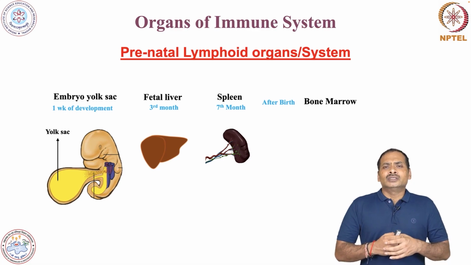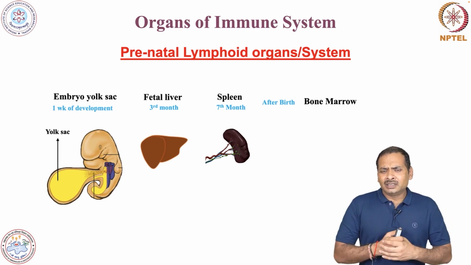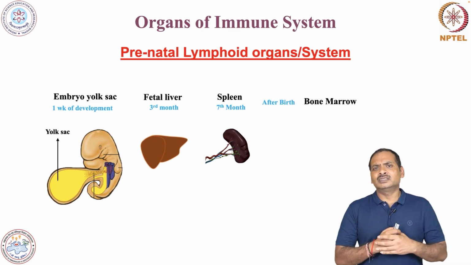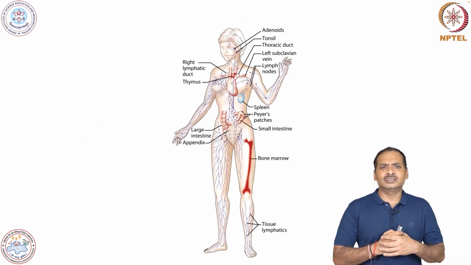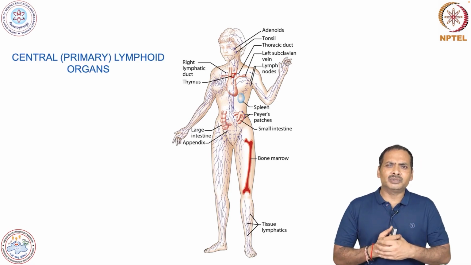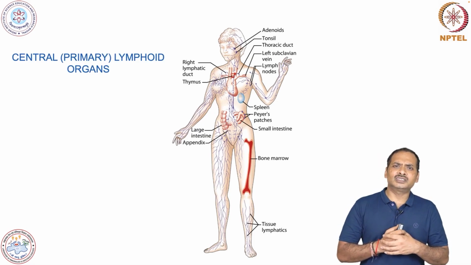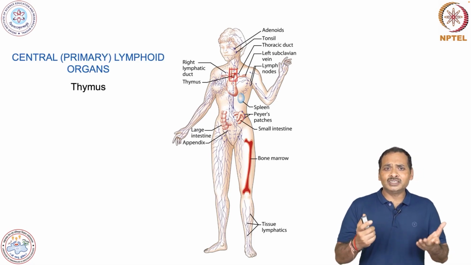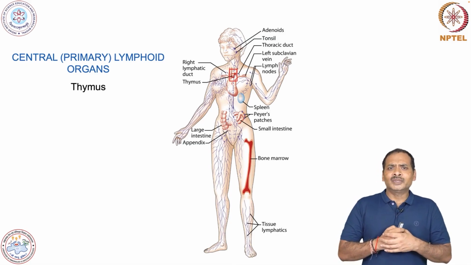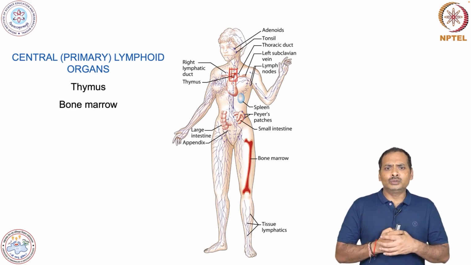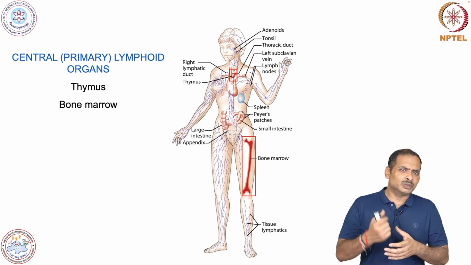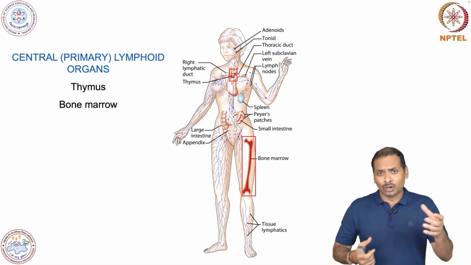Okay. So, in adult humans, these are the key primary lymphoid organs. The first is the thymus, which you can see is located close to the heart. And there is the bone marrow. Basically, bone marrow is present in all long bones.